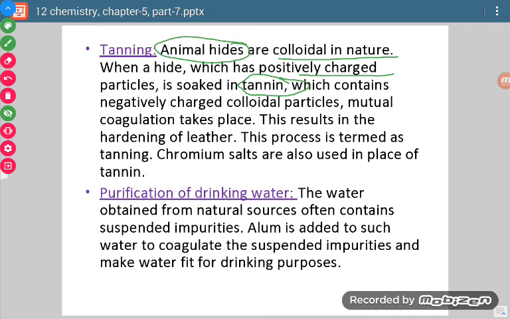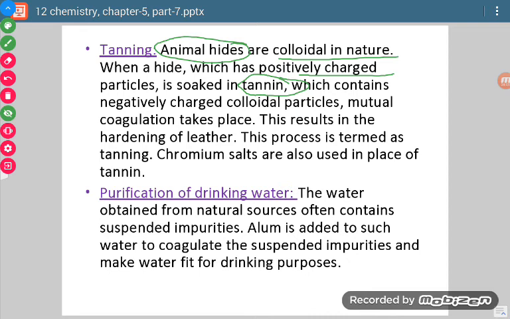Okay. Now it is soaked in tannin solution. What we do, we make a tannin solution and we soak that raw leather in that. Now this solution will do the process of coagulation. Okay. There is presence of positive and negative particles.